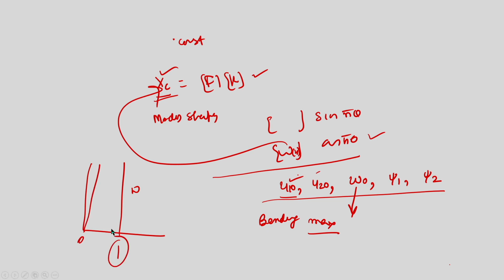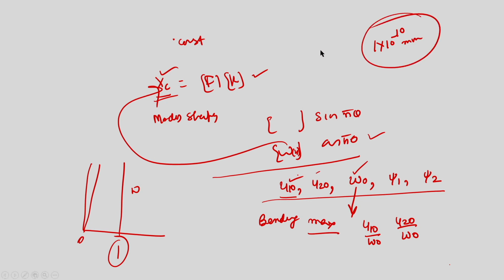The most important part of plotting a mode shape is that you divide by w naught, whatever your value is. For example, this deflection is coming 1 into 10 power minus 10 mm, or whatever it is. So you divide with all these things, and ultimately it becomes 1.